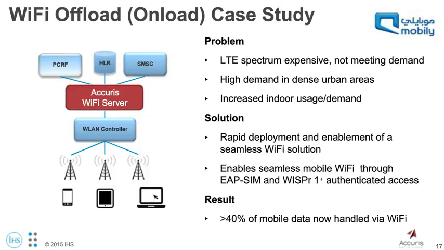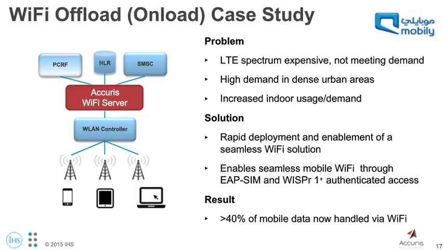They've got a pretty solid mobile network, but costs are expensive and there's huge demand, particularly in dense urban areas, and a lot of demand for increased indoor usage, particularly where coverage was a little spotty and a little difficult to get in. And Mobily turned to a carrier Wi-Fi deployment.